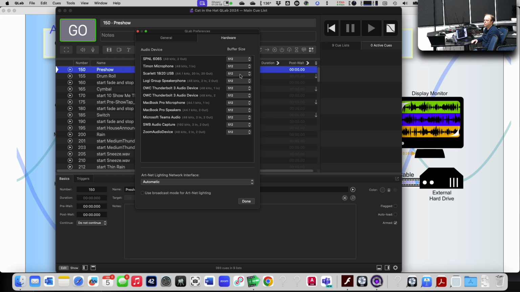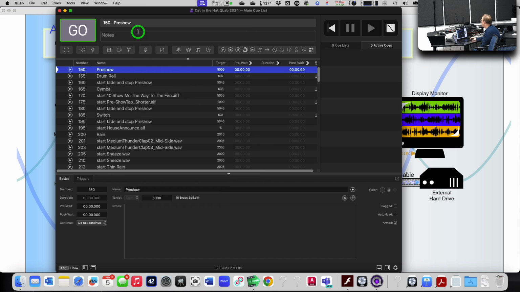But the lower you go, the faster your computer needs to be in order to deliver that. But it'll get you the information quicker. That's where you manipulate that. And I've seen students have trouble sometimes with QLab just not keeping up, and that's where we'll go, well, what's your buffer? Let's go set it. Maybe we need to increase that, and that's fine. So that's where you set that.